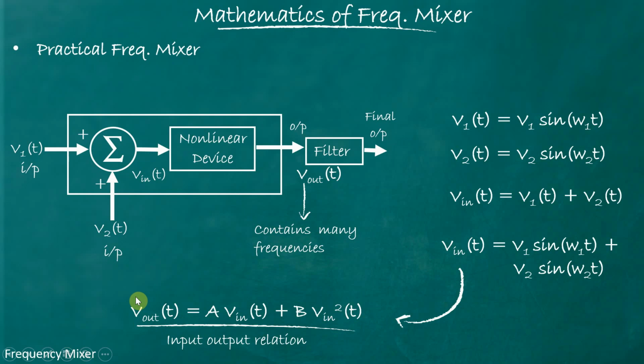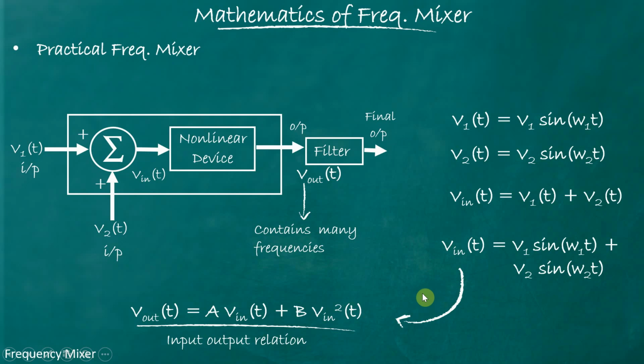If you consider only v out(t) is equal to a into v in(t), that would be a linear relationship, right? But here we have considered a non-linear device, so we have to introduce non-linearity. So in addition to this term a v in(t), we have considered plus b v in square(t), and for practical purposes we can consider here plus c v in cube(t) plus d and so on, right?